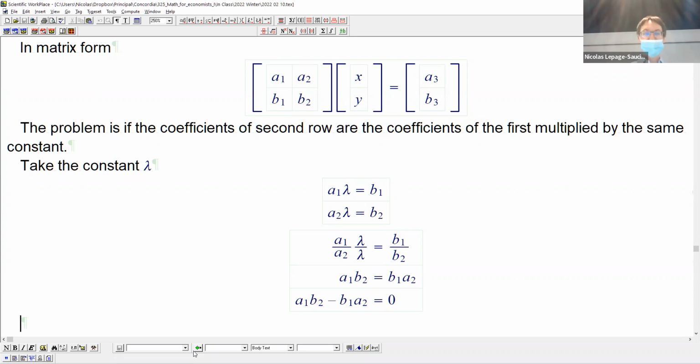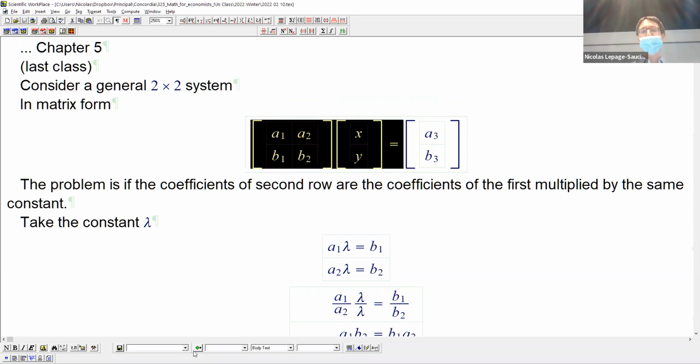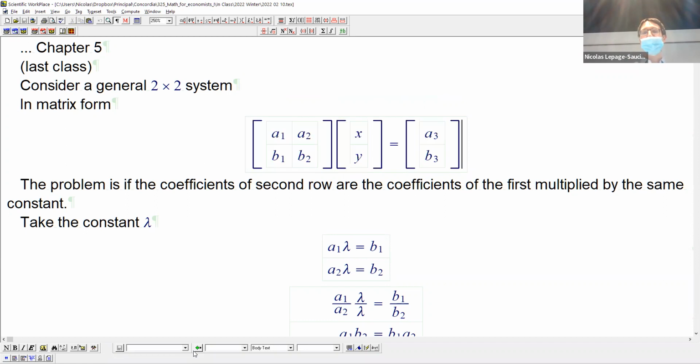So I just remind you what we were discussing last time. It's just the start of chapter 5. So consider a 2x2 system. Here is a matrix representation of it. So I have two coefficients for the first equation, two coefficients for the second equation.